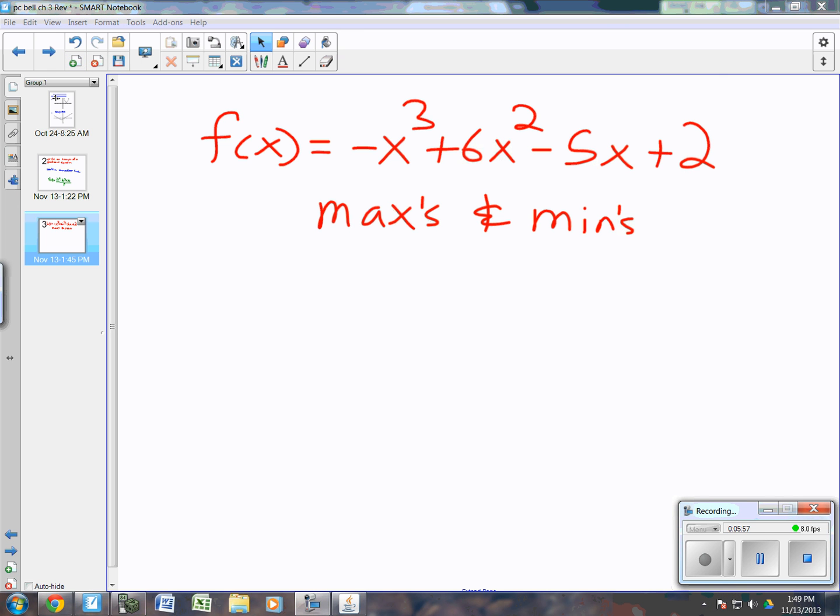Round these to 3 decimal places. So you all put it in your calculator. You went to the trace function, above trace. It says calc. That's the calc menu. You go to second and hit calc, and you find the left bound, the right bound, and the guess, and you'll have your minimum and your maximum.